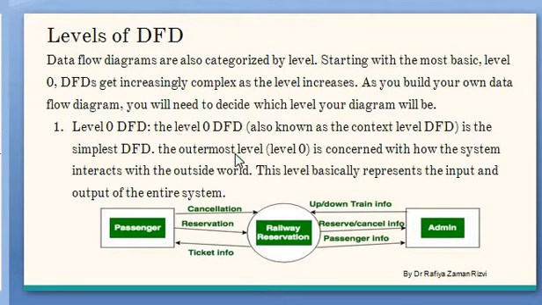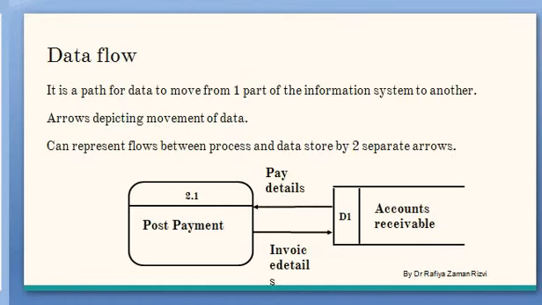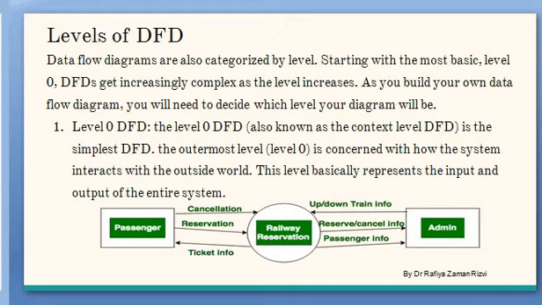The outermost level, level 0, is concerned with how the system interacts with the outside world. Just like these examples that we saw, these are also examples of level 0 DFDs. Here we only show how the system is interacting with the outside world.